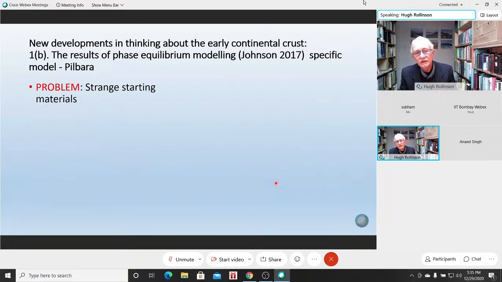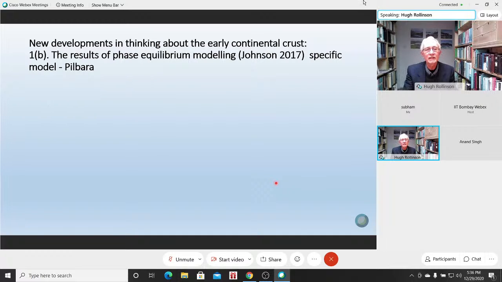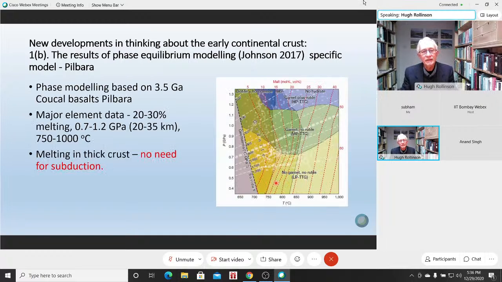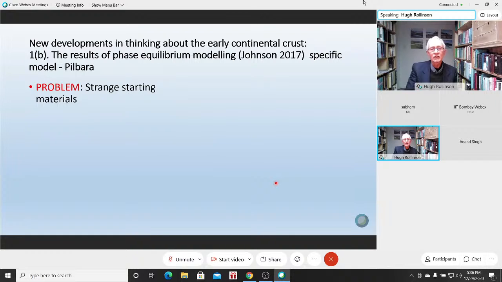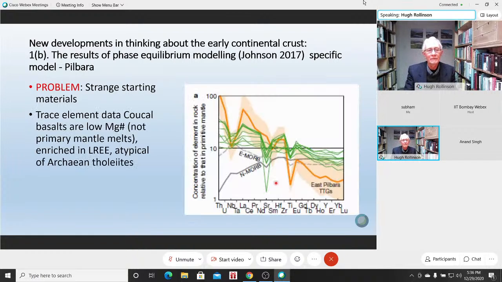However, there needs to be some discussion of these results, because particularly the Pilbara samples utilised rather unusual starting materials. The basalt used in the Pilbara experiment is not a typical Archean basalt, and one which I would argue will not be present on the Archean Earth in any great volume.